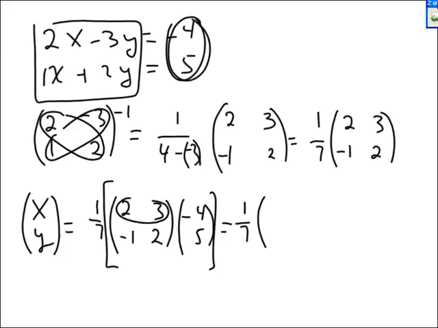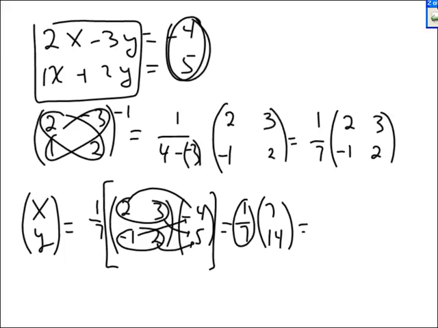When you do the first row with the first column, you get negative 8 plus 15. Get 7. And when I dot the second row with the first column, you get positive 4 plus 10, 14.